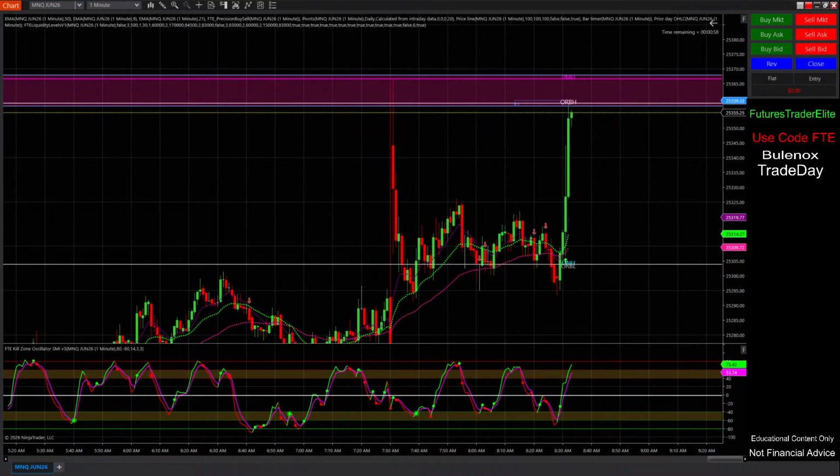Now, something to think about, and I've kind of been touching base on it all week, is if they keep pushing this up, they will eventually change the structure of the market to the bull side. And if they can push this up, say to 25,800 today and hold price up there, they put a big old dent in the bear structure that we've been dealing with.